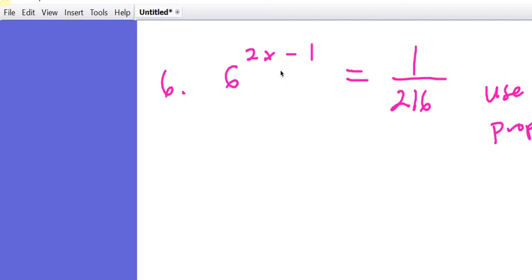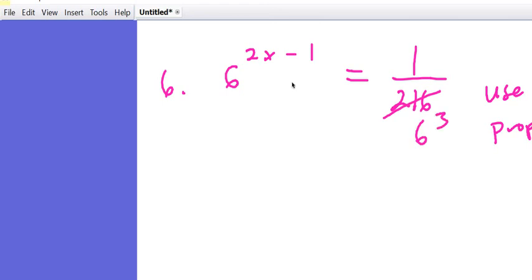So that's not going to work. So I need to have a base of 6. Can I convert 216 to a base of 6? Yeah, what would it be? 6 to the what? 6 times 6 times 6. 6 to the third. So I'm going to mark that out and put 6 cubed there.